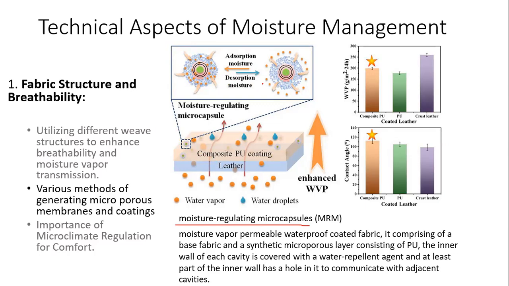Once the moisture gets desorbed, it will allow more moisture wicking through capillary action. When it absorbs the moisture, it will block moisture penetration from the outside of the fabric to the inside. So this is a technology developed to enhance water vapor permeation, and we can look into different applications if you use this technology.